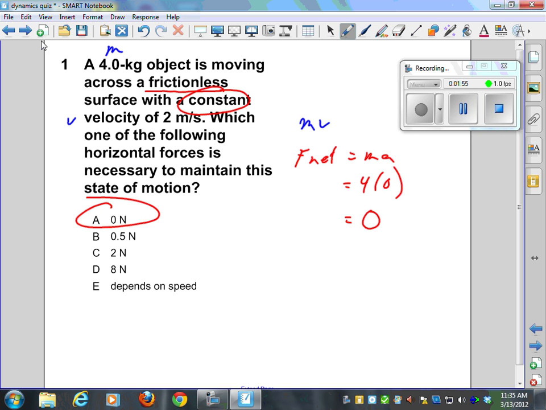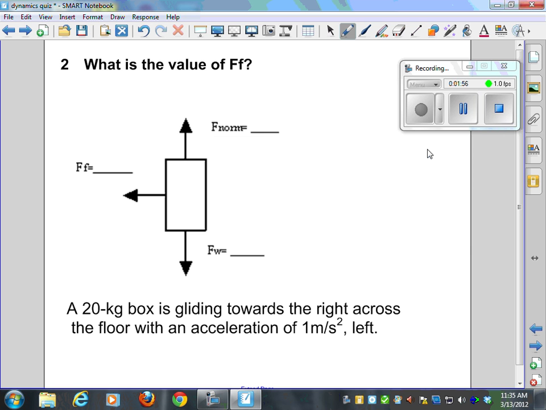Number 2, what is the value of F? A 20-kilogram box is gliding towards the right across the floor with an acceleration of 1 meter per second squared left. Which way is it moving, Natalia? To the right. But the acceleration is to the left. Okay, so we have a mass and we have an acceleration here.